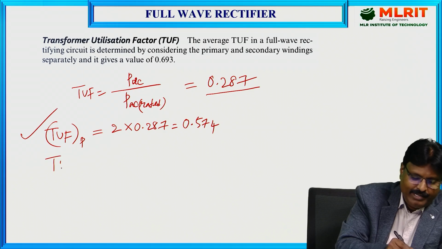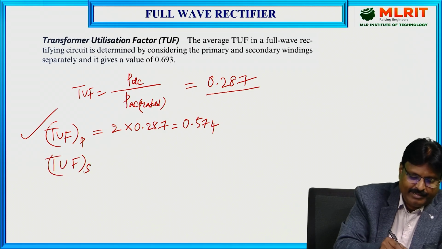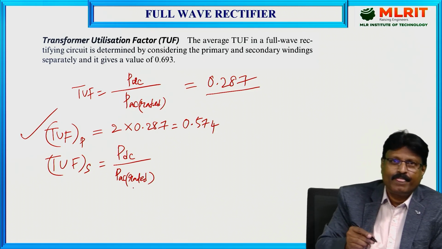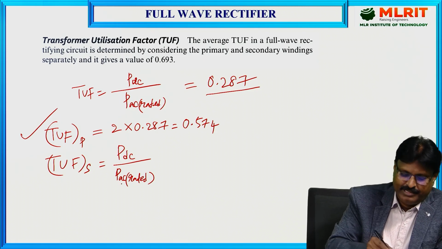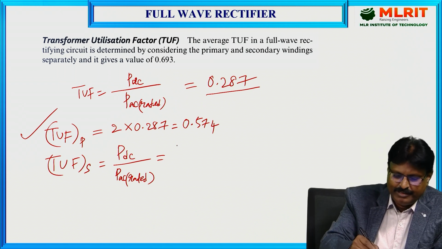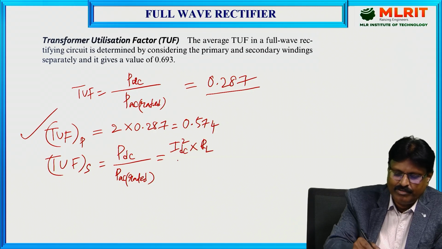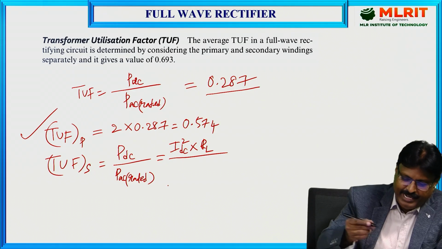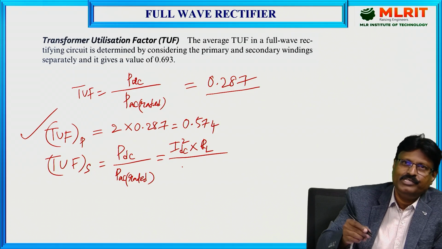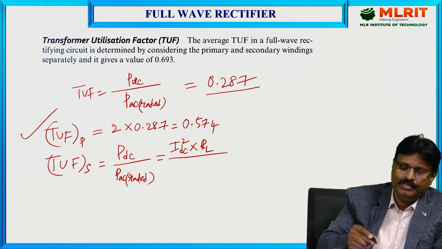Now let us calculate the TUF of secondary. So what is the formula? We need to go for the formula here, PDC by PAC rated. Rated means the rated voltage rating of the secondary winding, that this particular formula depends on. So PDC, I am writing in terms of current: IDC square into the load resistance RL. Okay, that is about PDC. And PAC rated means first we need to write the voltage rating of the secondary of the transformer.